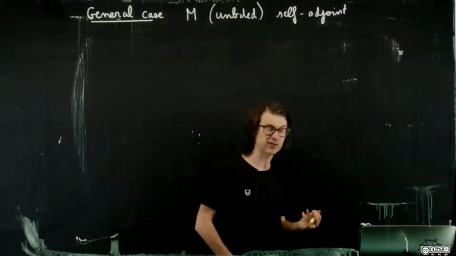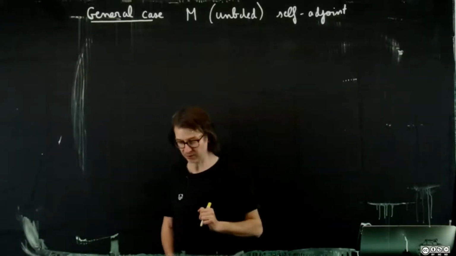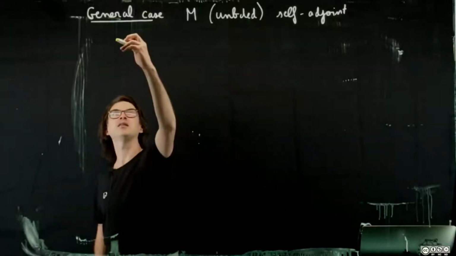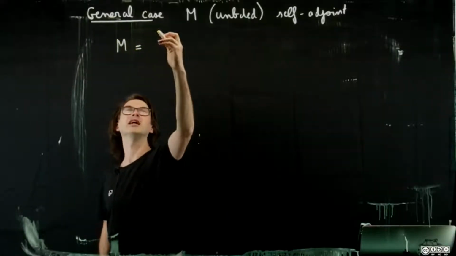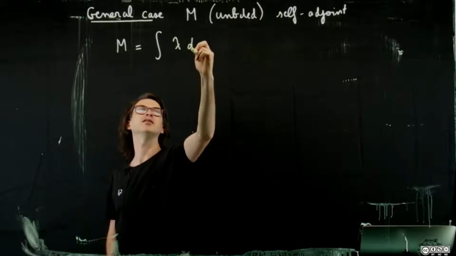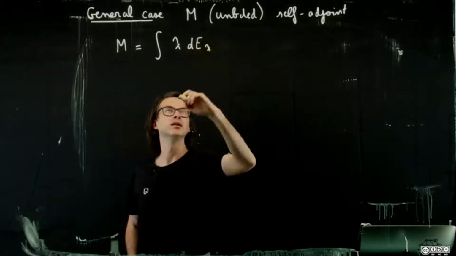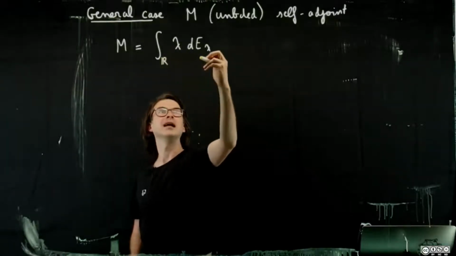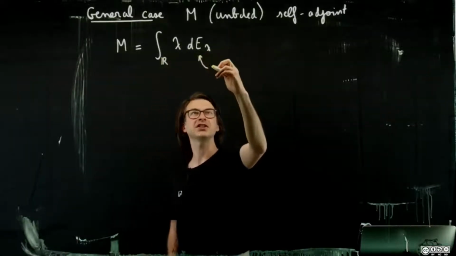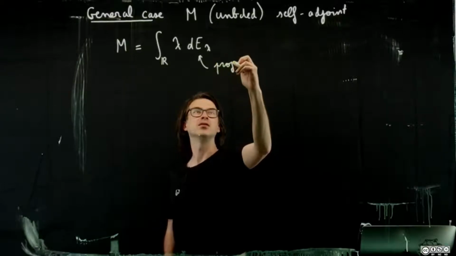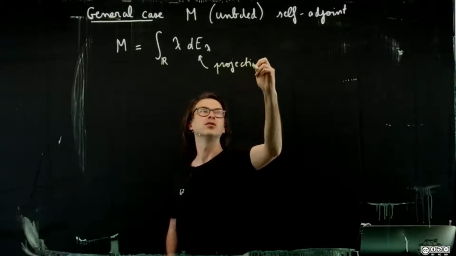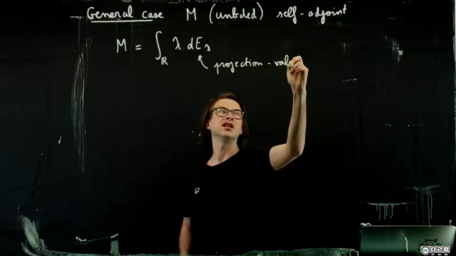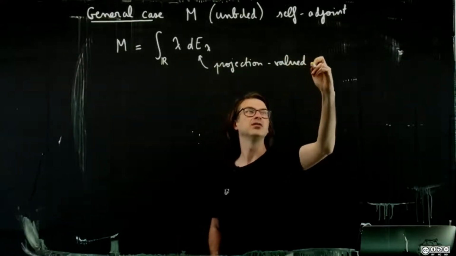Then one way of stating the spectral theorem is that M can be written as the integral of lambda dE lambda. The integral is over R, and this is a projection valued measure.